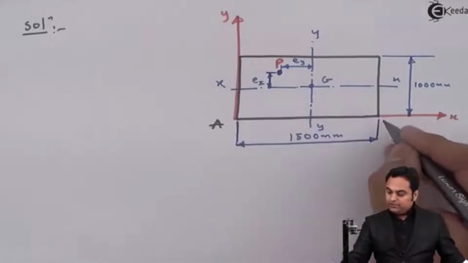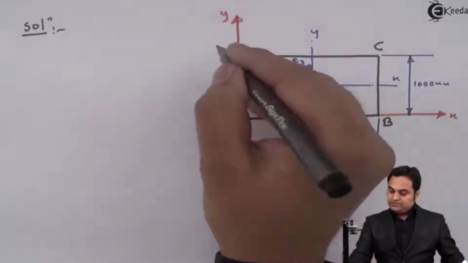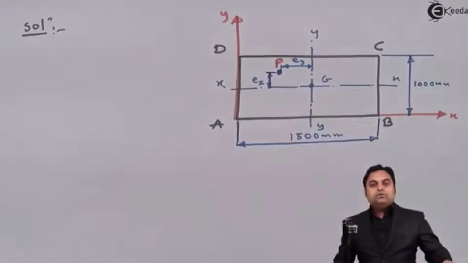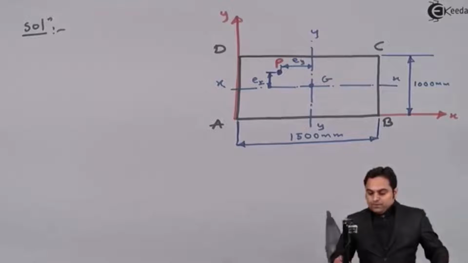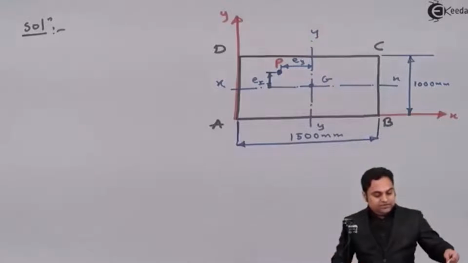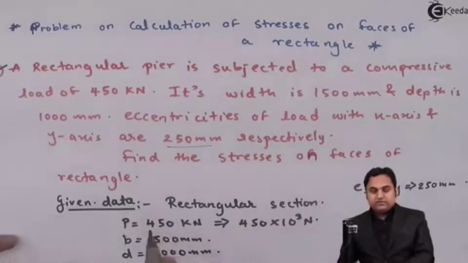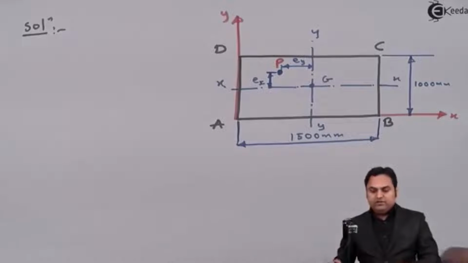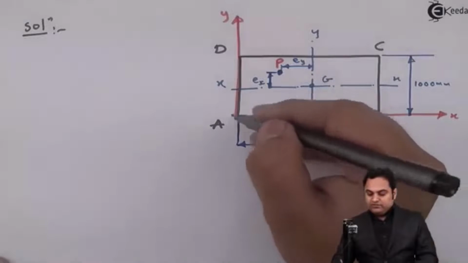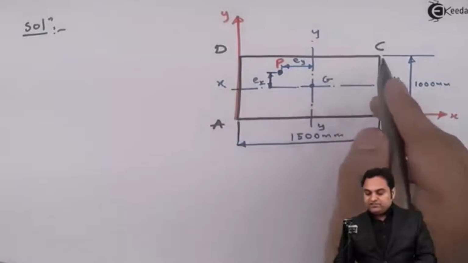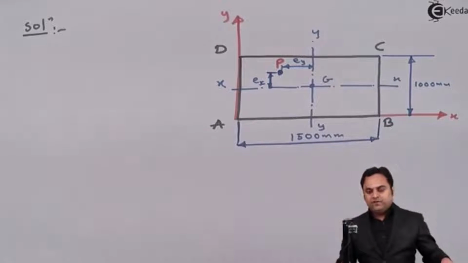This will be corner A, here B, this is C, and this is D. So after marking the corners, when I look into the question, they are saying to find the stresses on faces of rectangle. That is, here we have to find out how much will be the stress on face AD, stress on face CD, BC, and AB respectively.